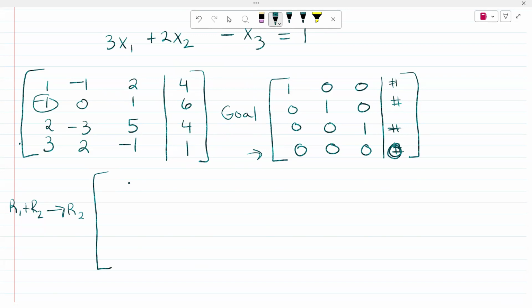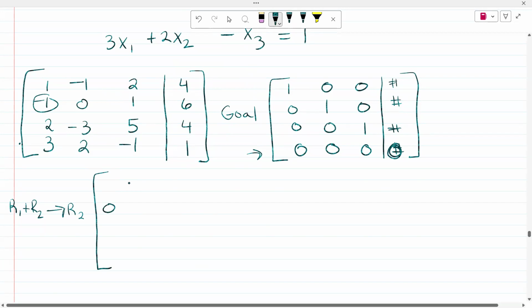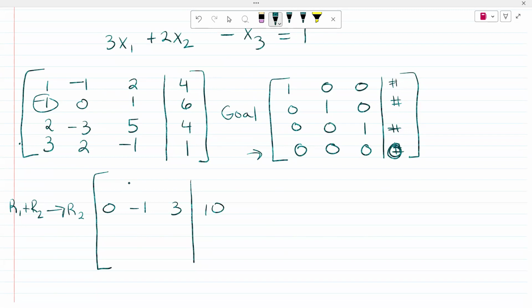When you add row 1 and row 2, you're going to get a new row 2, and that new row is going to be 0, -1, 3, and 10. But by yourself, you do have to do the work, and you have to be careful not to make a mistake. And then we didn't mess with row 1, so rewrite row 1.